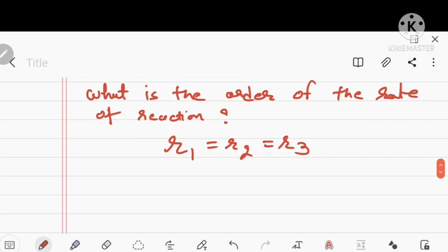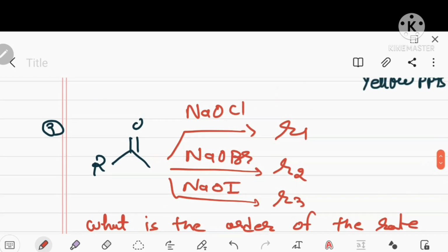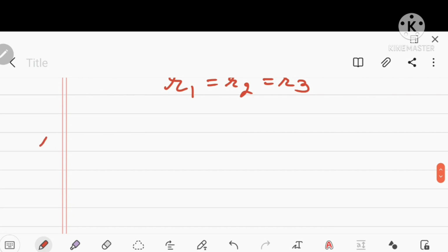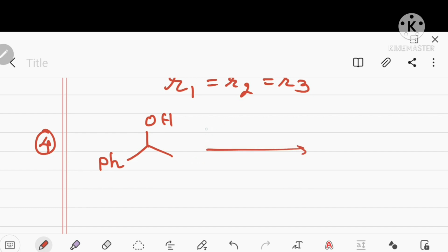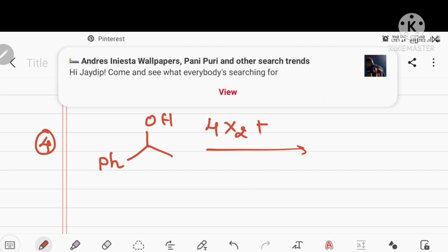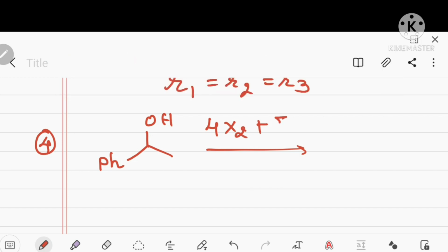Now another question, I think you should solve by yourself. The fourth question is, you have given this kind of secondary alcohol, and 4 moles of halogen and 5 moles of NaOH.